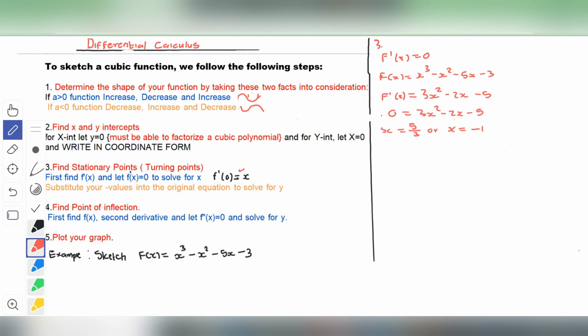Remember, we need to write it in coordinate form. We need to substitute these values into the original given equation.